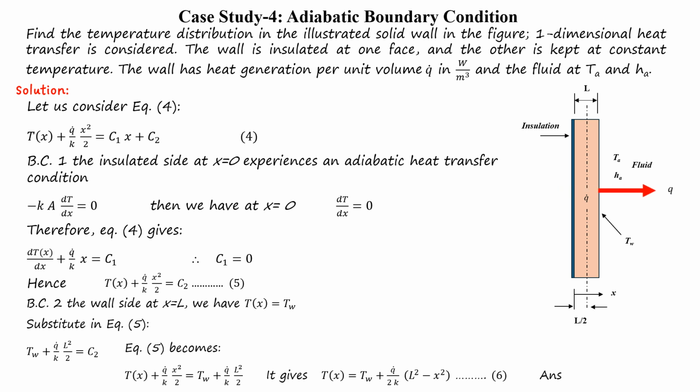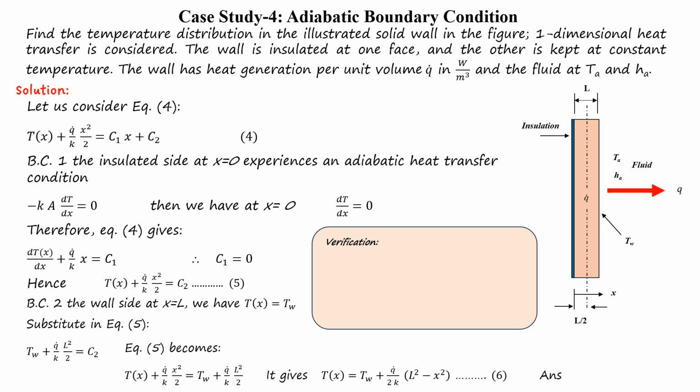And rearranging this form, we get T of x equal to T w plus q dot divided by 2k times L squared minus x squared, which represents the final form, or the answer, for our equation in this example. That represents the temperature distribution in this wall.